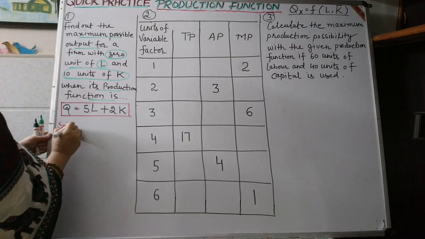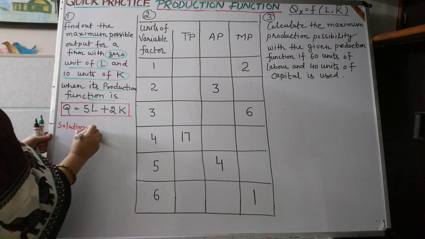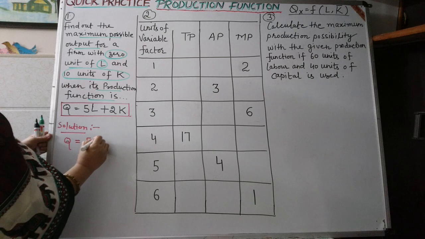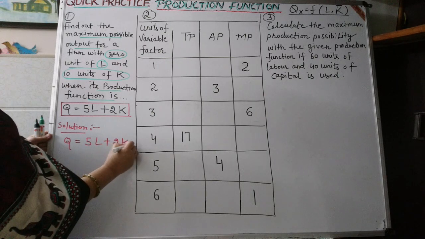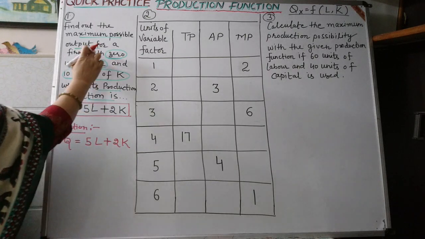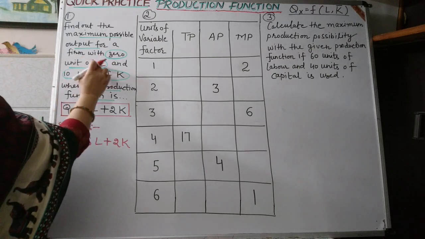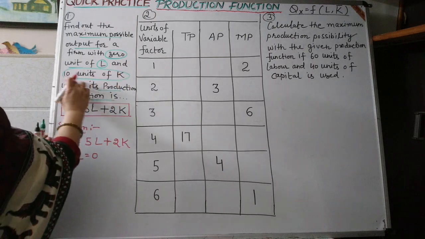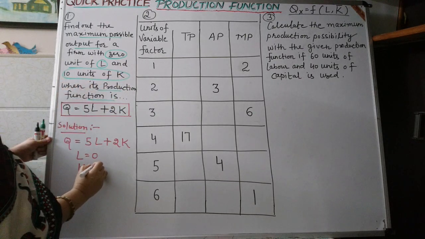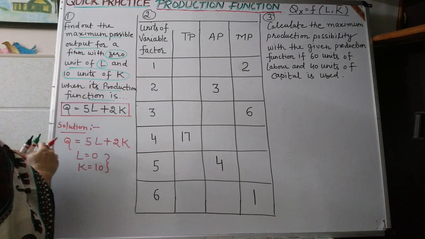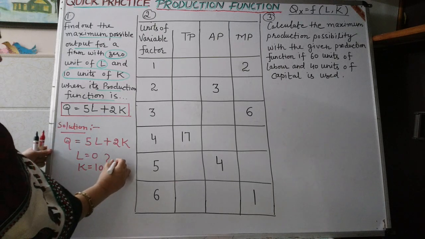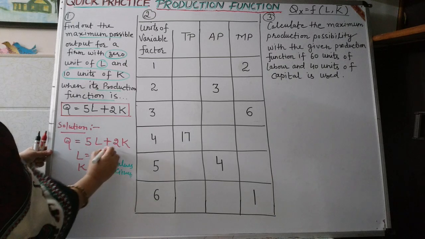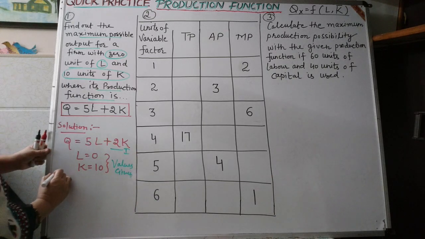So for the solution, this production function is given. Q is equal to 5L plus 2K, where the firm is producing 0 units of L. L is equal to 0 and K is equal to 10. So by putting the values given, this is equation number first.